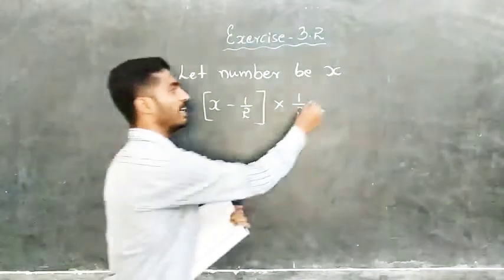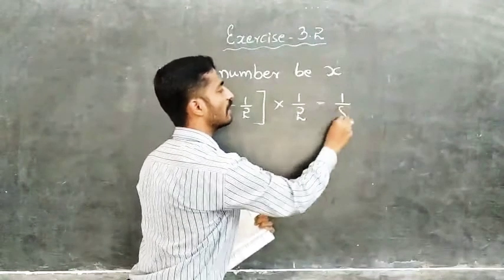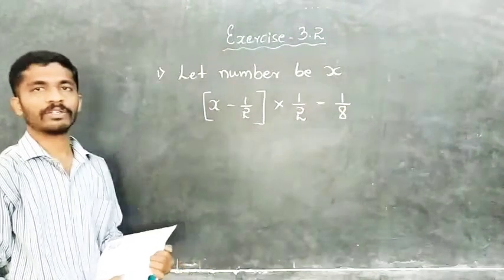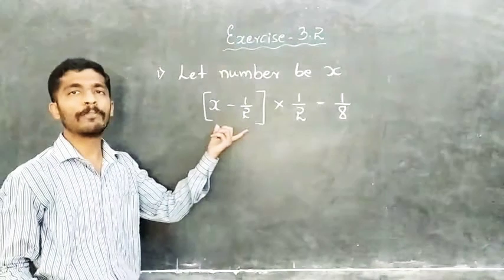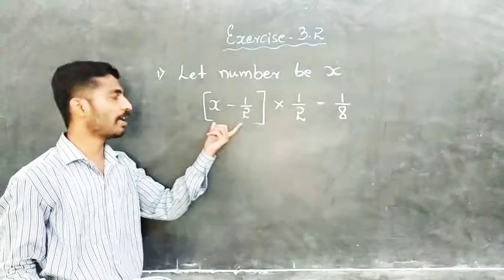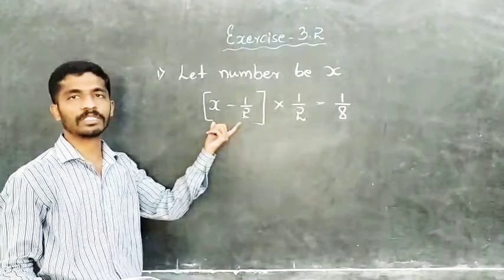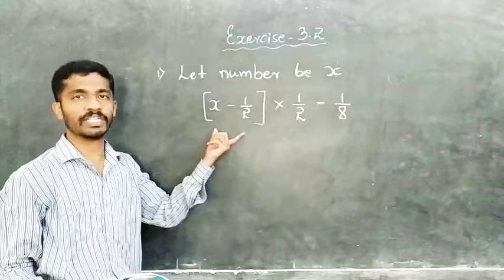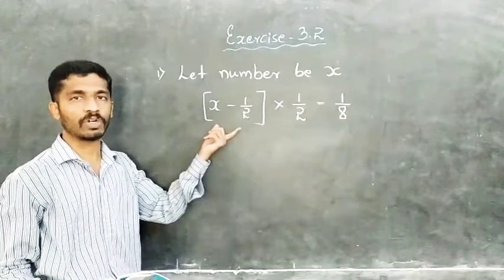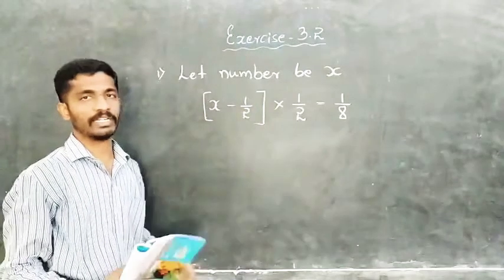Then you will get the answer, that is 1 by 8. Why have I put a bracket here? Because this is our first operation, meaning you have to do the subtraction first. So whatever is in the bracket is the first condition, and that one we have to solve. Afterwards we can go to the next.